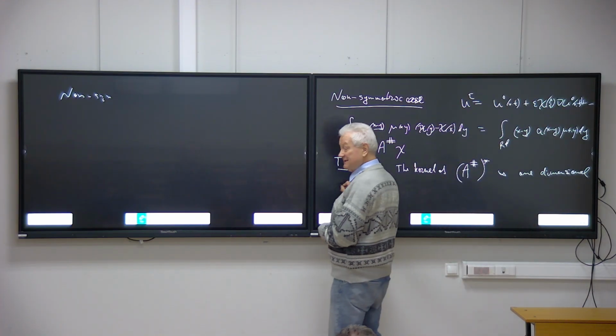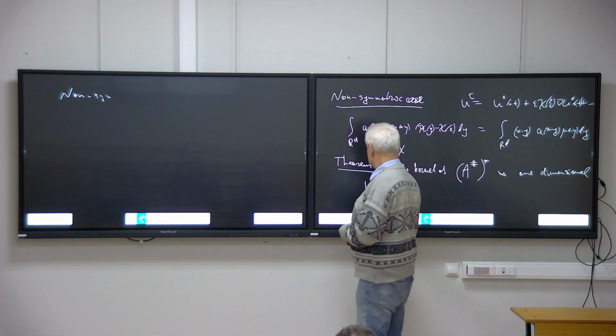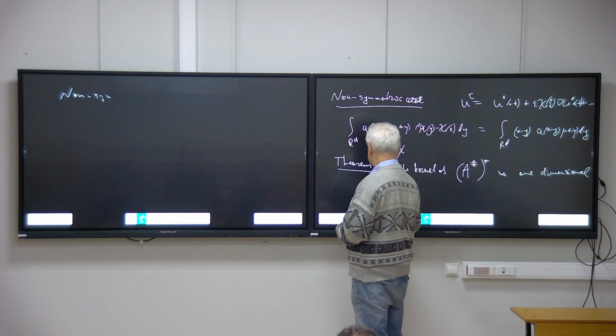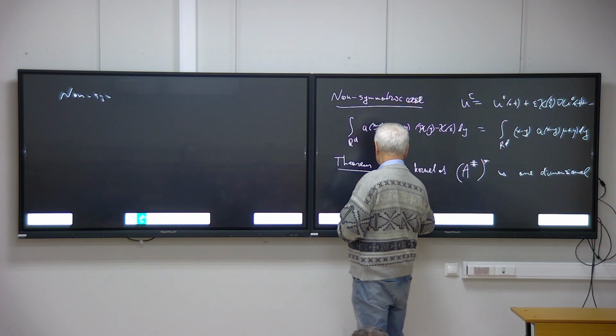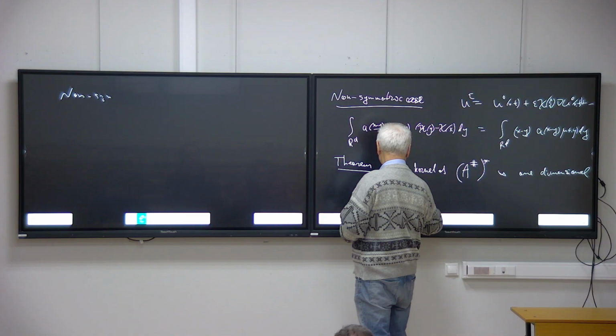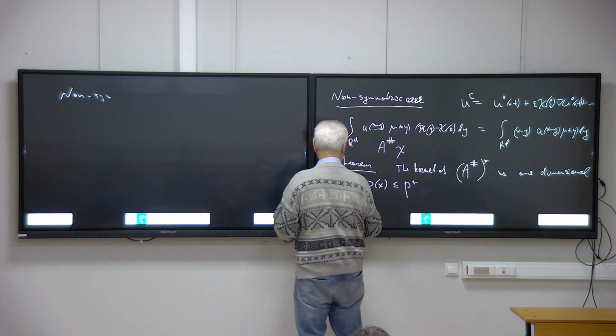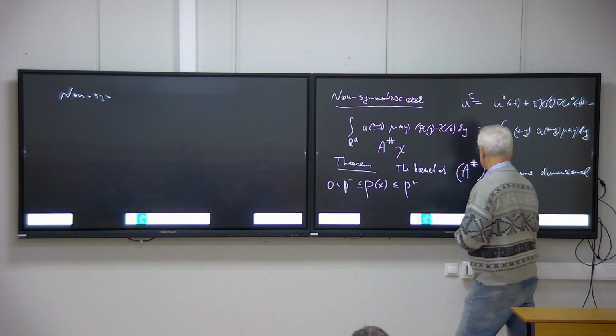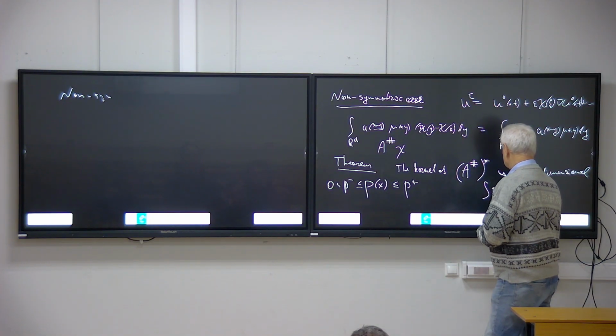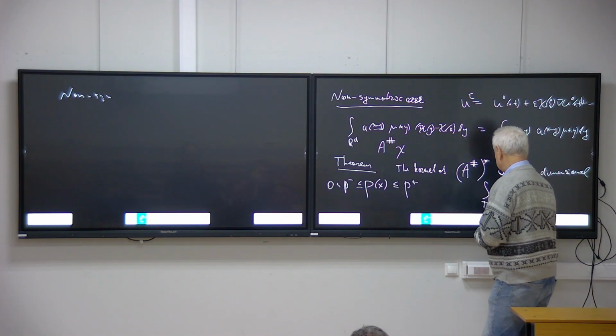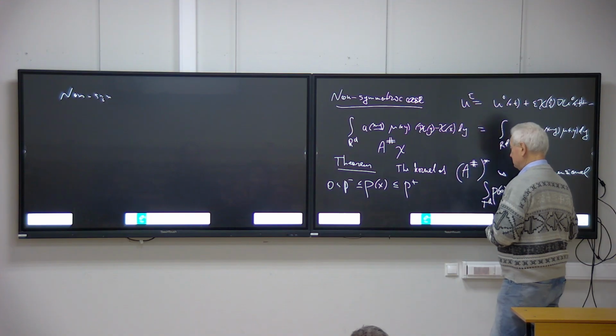So under the normalization, P of x satisfies this condition, the integral of P of x dx over the torus is equal to 1.